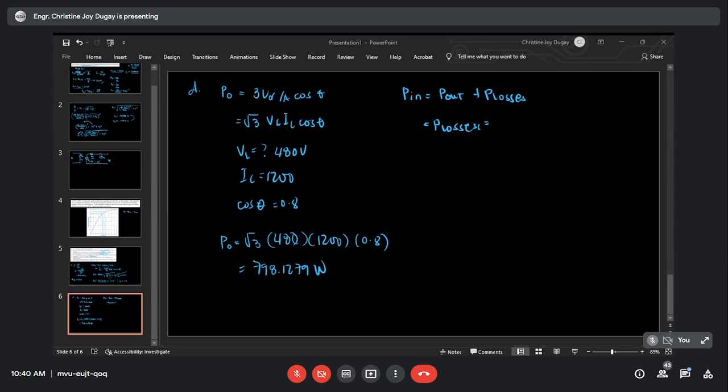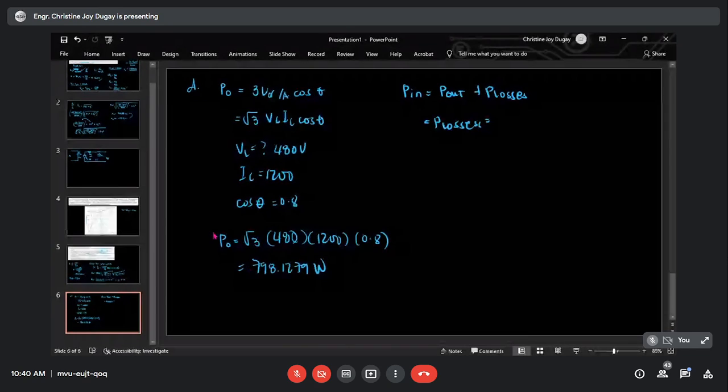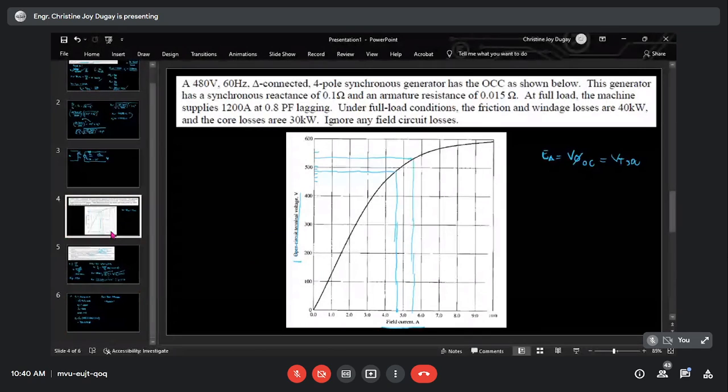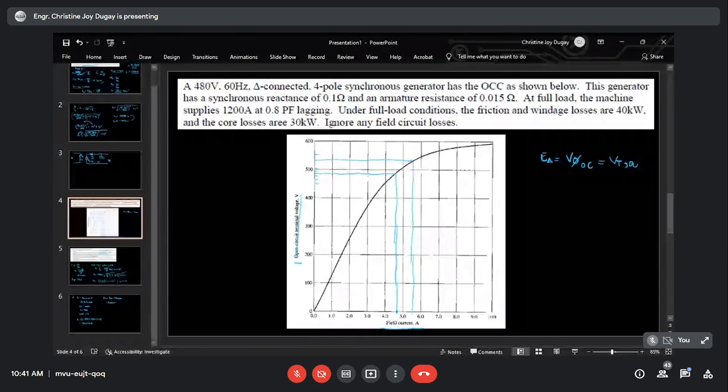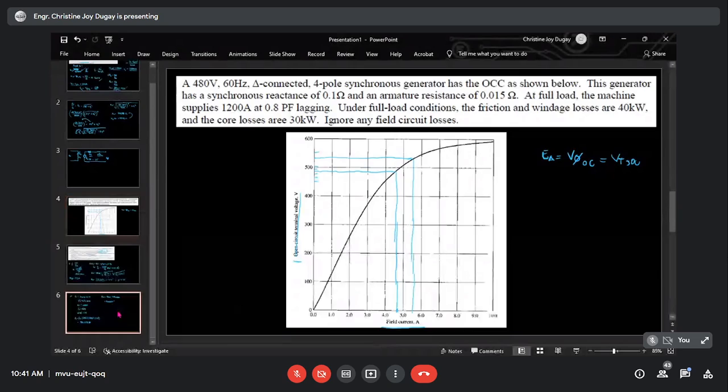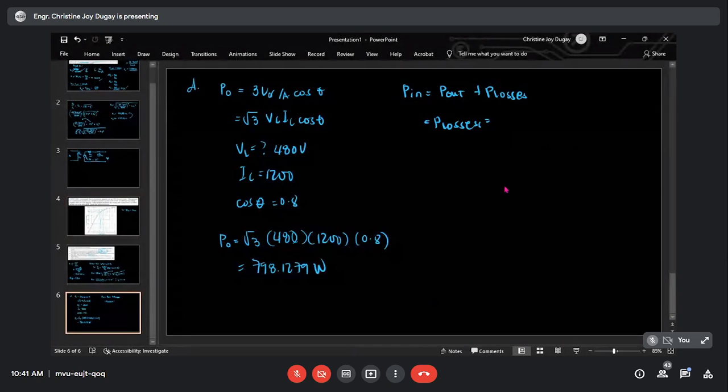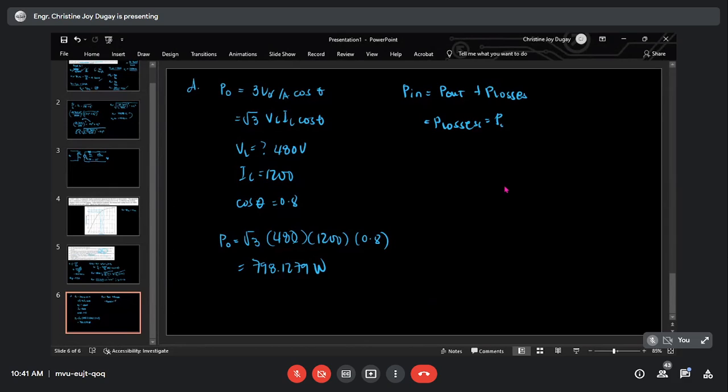Friction po. Kailangan natin ng friction and windage, core losses, meron na rin. Copper losses, wala. So, isulat lang po natin ang mga losses na kailangan natin: unahin natin P stray power losses, SPL, plus P core losses, plus P friction and windage.